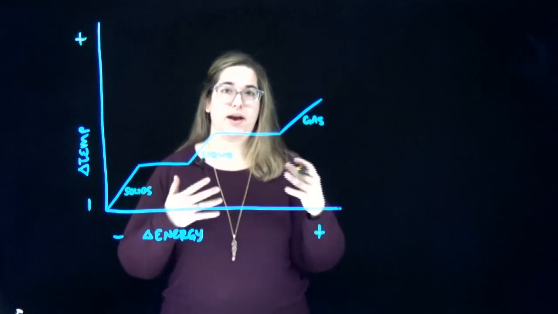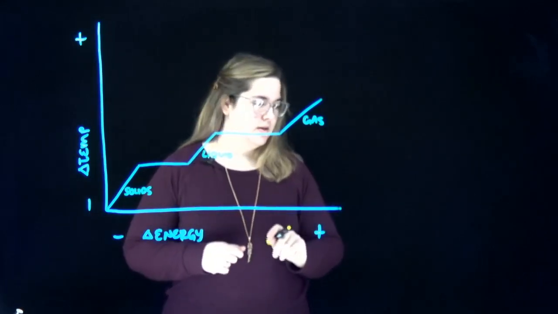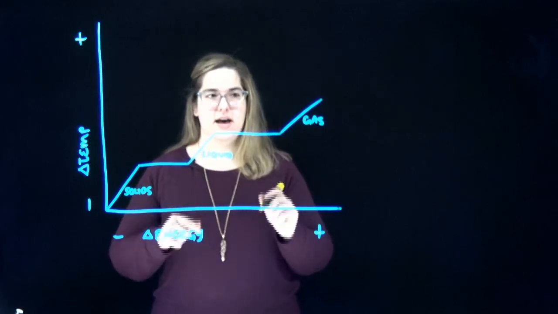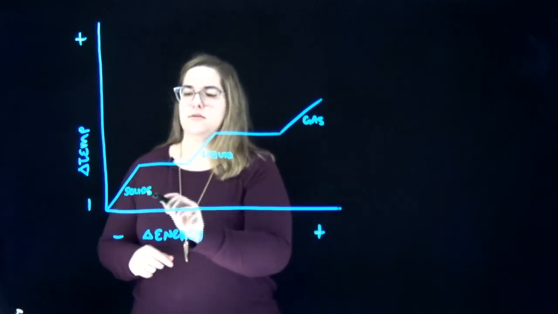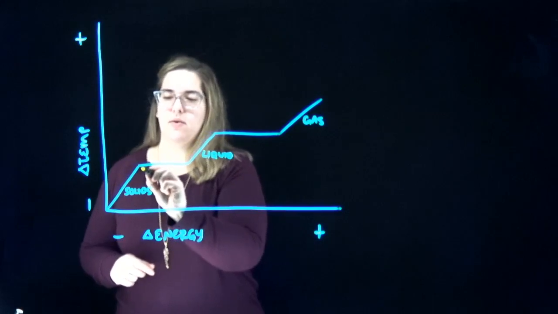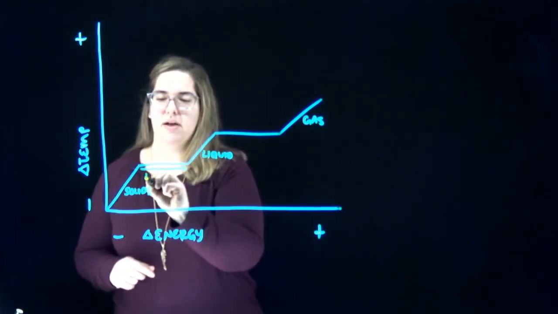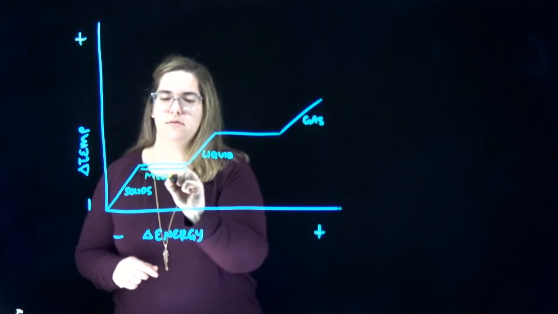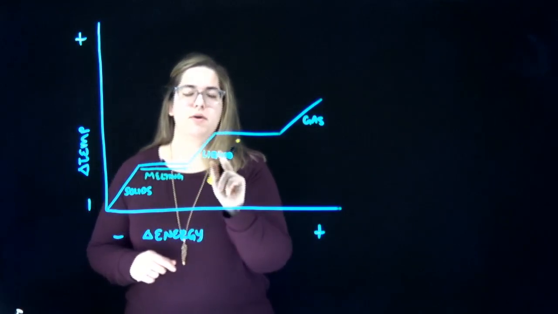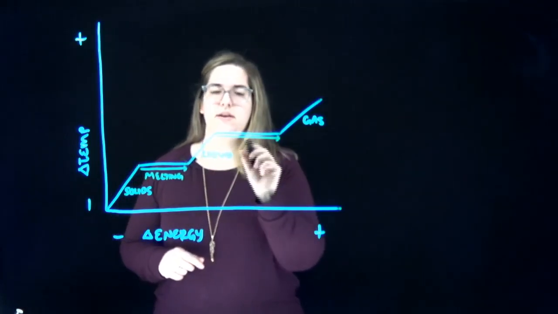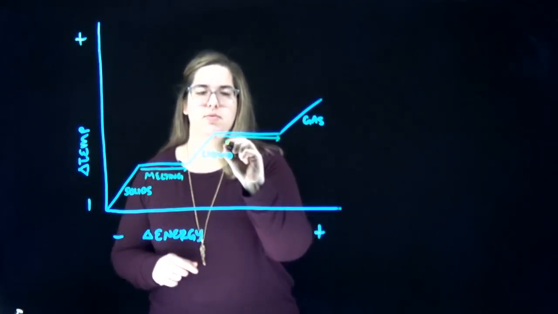Now we have to talk about how we transition between them. Most of you, if not all of you, should be very familiar with a lot of these phase changes. When we go from a solid to a liquid, that phase change is called melting. And when we go from a liquid to a gas, that phase change is called evaporation.